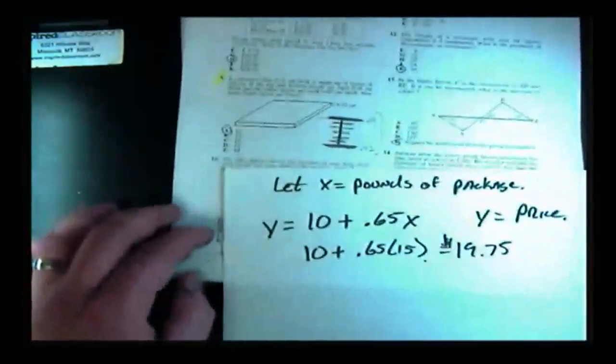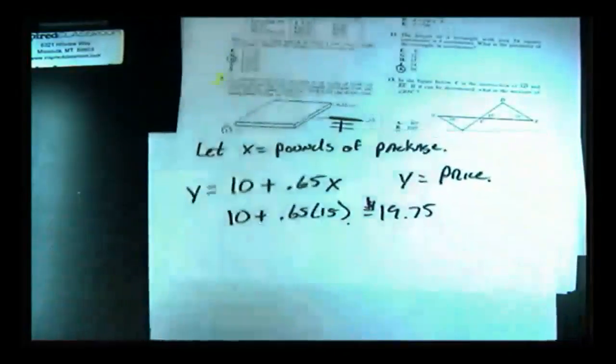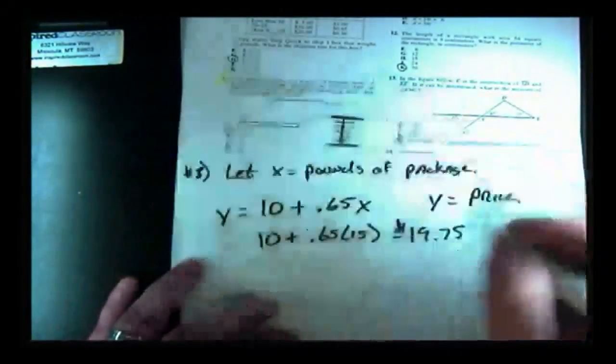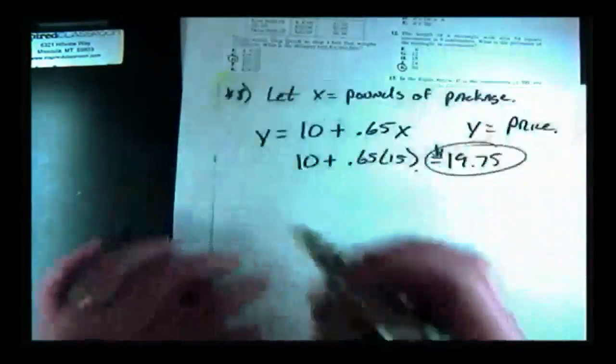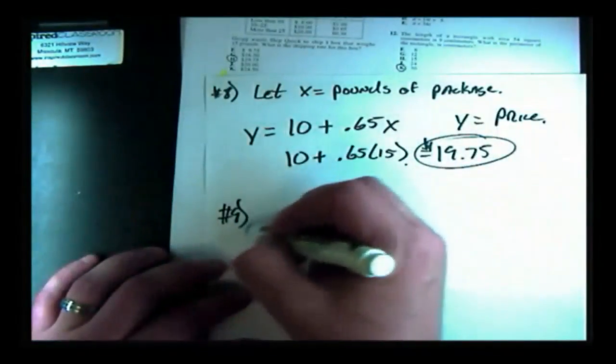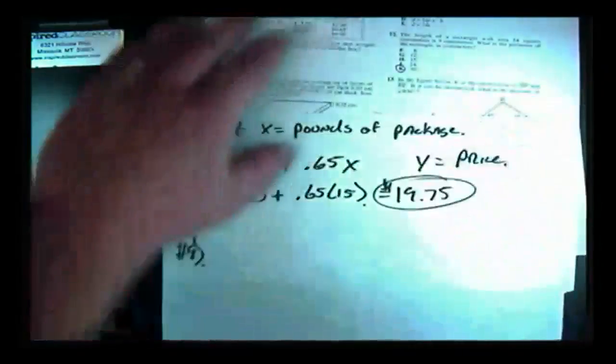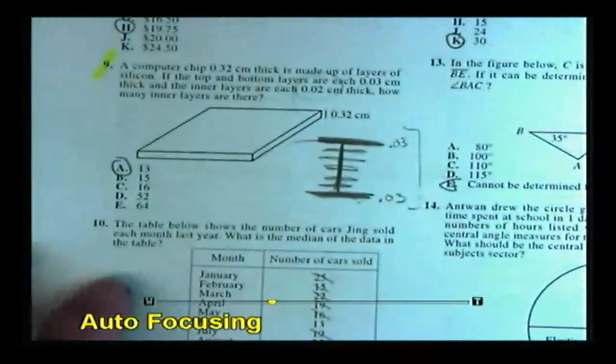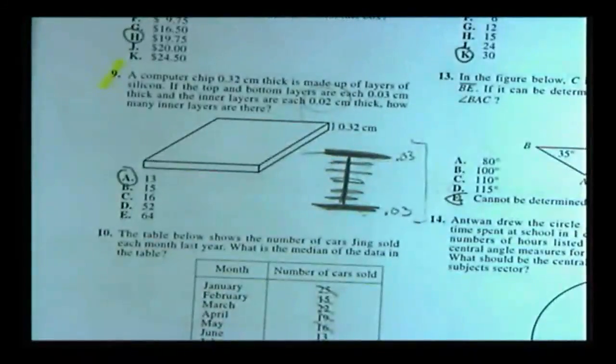Similarly, we can set up other equations from other story problems. If you consider number 9 here, this is number 8. If you consider number 9, we'll zoom in so you can read it, or you can read it off of your copy of the exam.